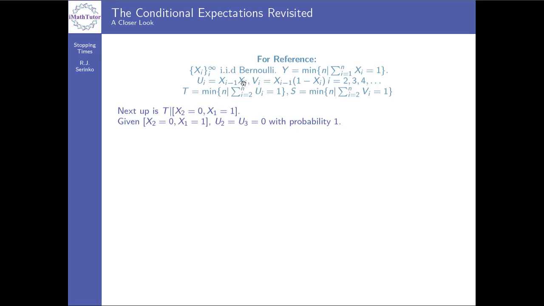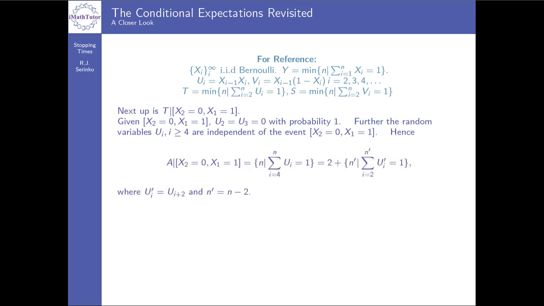Here it appears for u2 as the second factor, and for u3 as the first factor. In either case it equals 0. Further, the random variables ui, i greater than or equal to 4, are independent of the event x2 equals 0 and x1 equals 1. This is because for i equals 4 and beyond, neither x1 nor x2 enter into their definition.